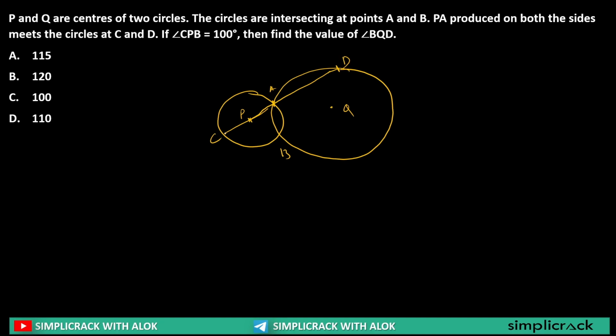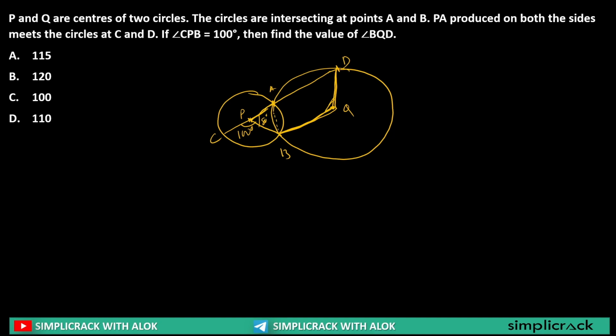Now angle CPB is 100 degrees, so this angle is 80 degrees. It is asking what the angle BQD is. In order to find this angle, first let's draw this.